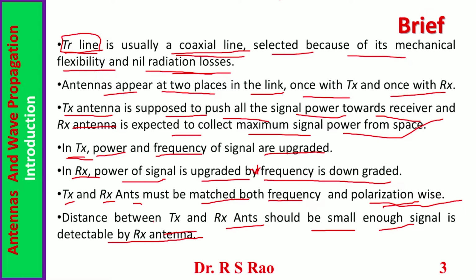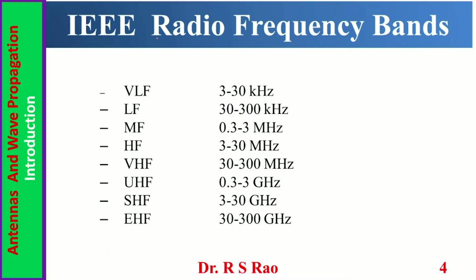This slide basically gives information pertaining to wireless communication systems and the importance of antennas in the overall structure of wireless systems. Here is given some information regarding IEEE radio frequency bands.